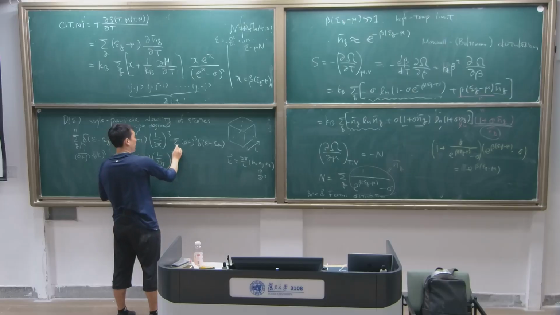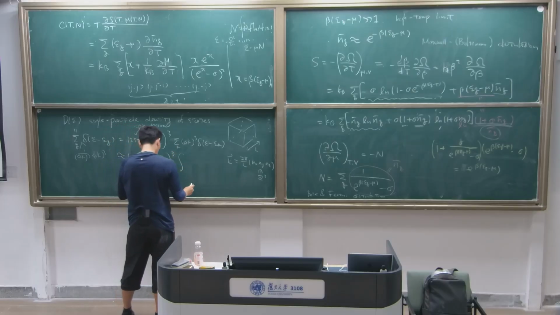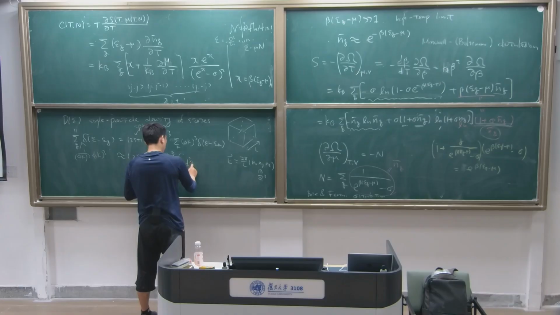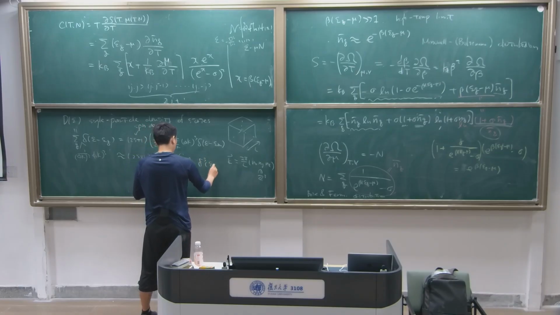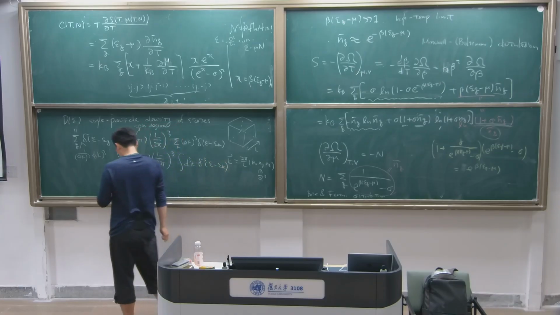Instead of a sum over k, just write it in terms of an integral, d^d k.